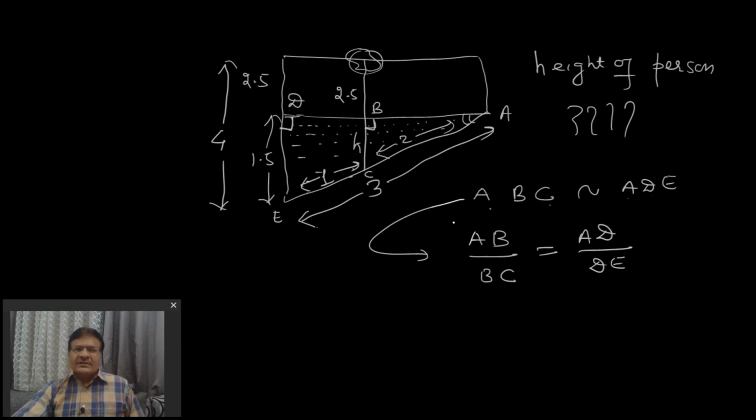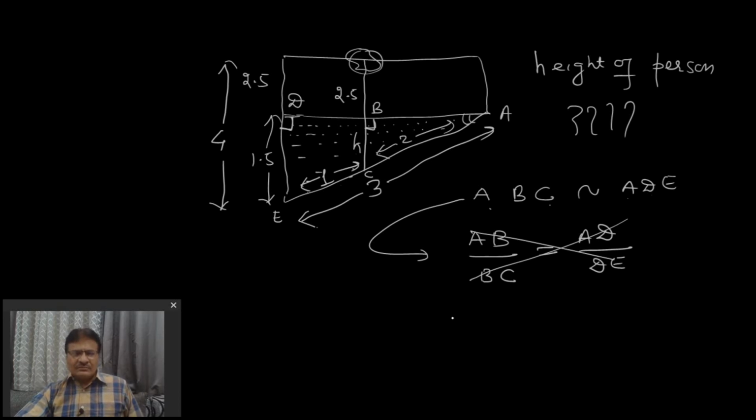Do you have the length of AB? No, I don't have. Do you have the length of BC? No, I don't have. So there is no need to apply such equations, where we don't get anything. Okay, we do something else.